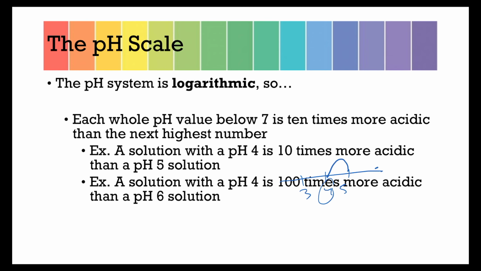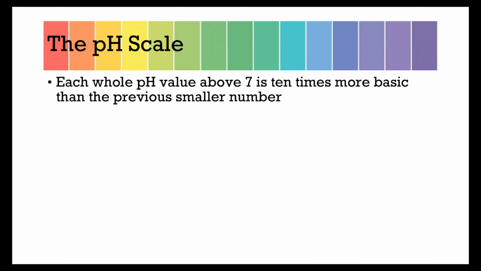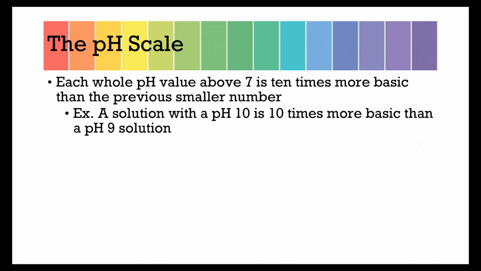And if we're going from 6, that's 2 jumps, so 4 is 100 times more acidic than a pH of 6. It also means 6 is 100 times more basic than 4. Okay, so that's kind of what I just said.